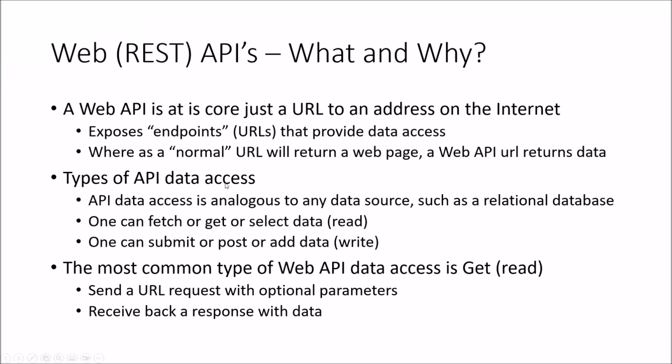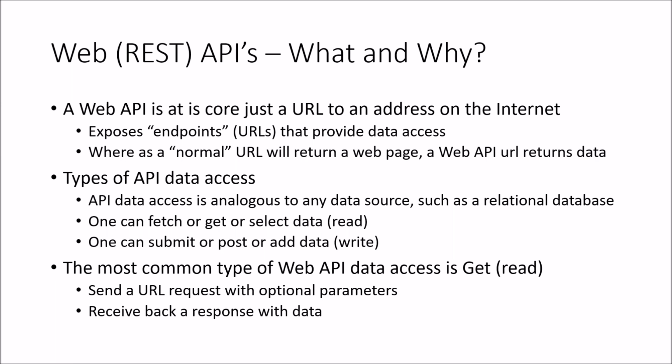There are 2 types of API data access, and this is where it gets very similar to the database access. One type of data access, and the most common one, is to fetch or get or select data, to read data. So that would be a select from.